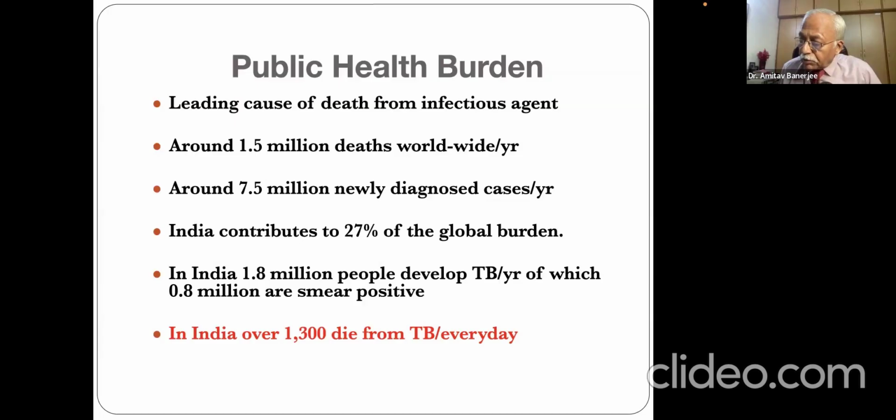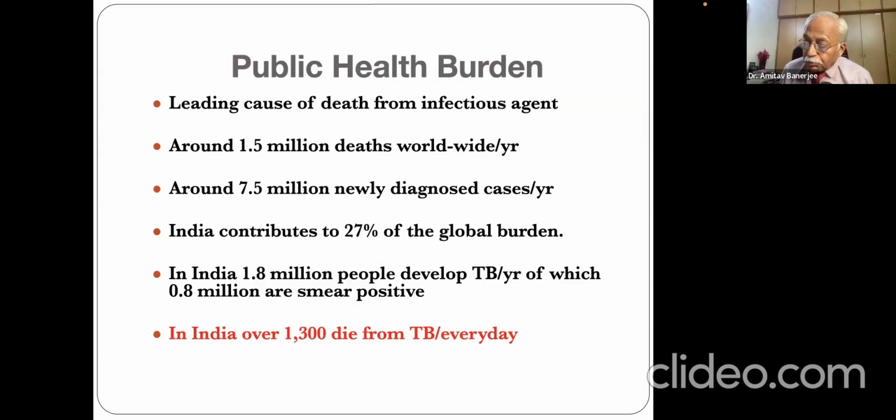But I made a comparison with other countries, the top 5 countries which contribute over 56% of TB cases in the world. India is 26%, number one, followed by Indonesia, 10%. Indonesia is a very small country. And China is 6.8%. So we can compare China with India, comparable population.